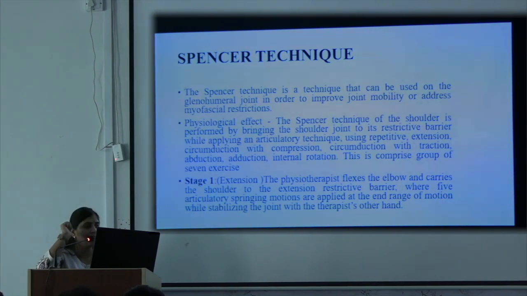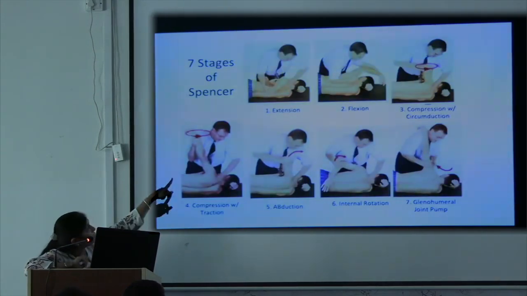At stage 1, the first stage is the extension stage. The physiotherapist flexes the elbow and carries the shoulder to the extension restricted area, where 5 articulatory spring motions are applied at the end range of motion while stabilizing the joint with the therapist's other hand, like this.